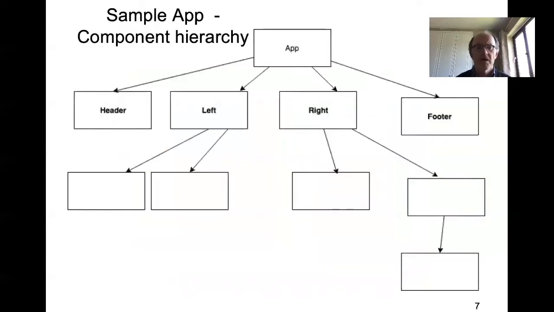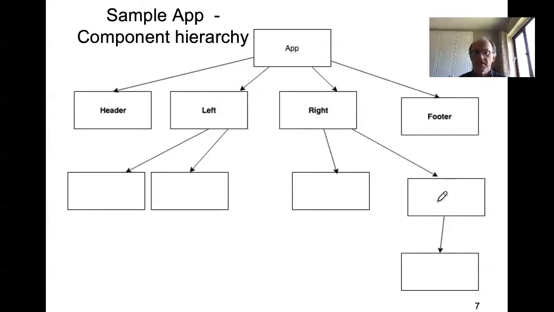I didn't fully label this hierarchy now, and some of the labels wouldn't really be very good component names, but they serve the purpose of relating this hierarchy to the previous screen.